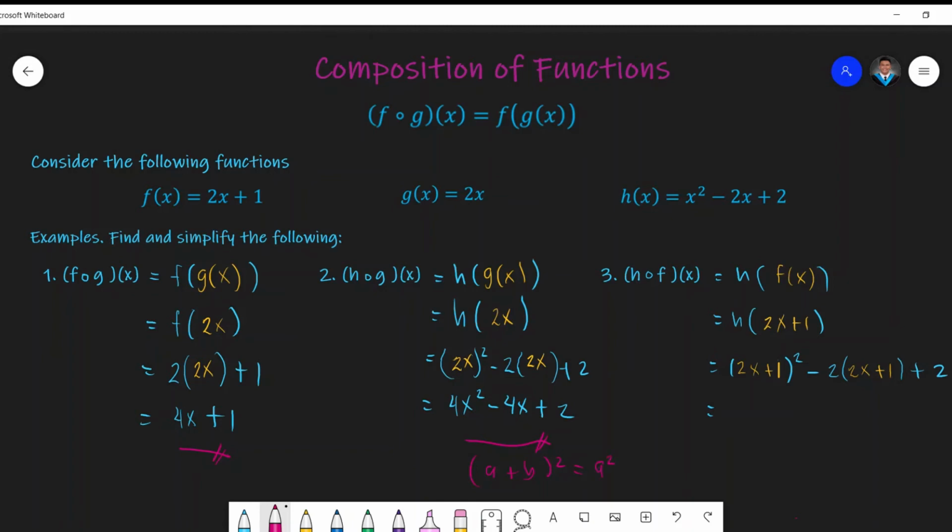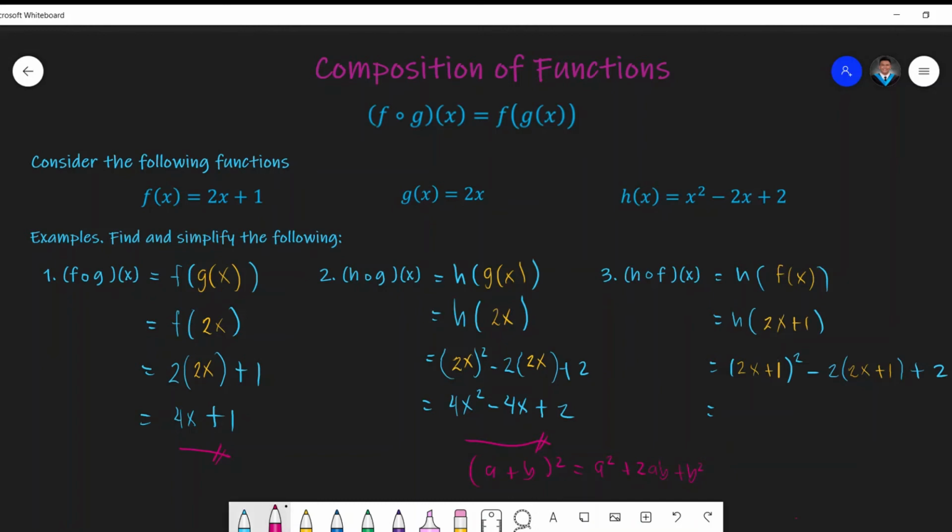And then the second term, multiply natin itong dalawa, then i-times natin to 2, so a times b times 2 is 2ab. Then plus the last term, squared din natin, so that is b squared. So let's just remember this property on how to expand this.